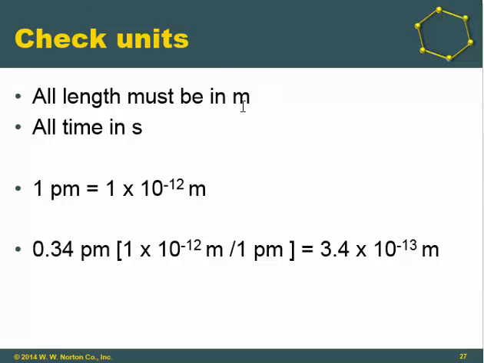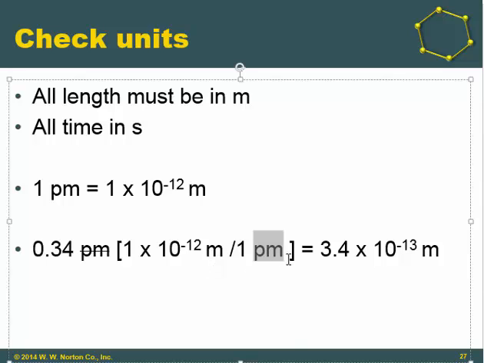It's really the wavelength that is usually not given in meters. So we know that 1 picometer is equal to 1 times 10 to the minus 12th meter. So when I multiply 0.34 picometers by 1 times 10 to the minus 12th meter divided by 1 picometer, the picometers cancel out, and I end up with a wavelength of 3.4 times 10 to the minus 13 meter.